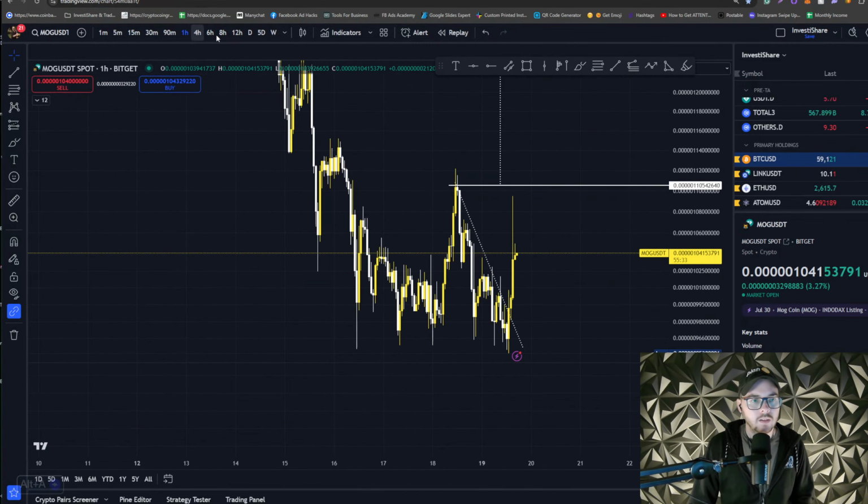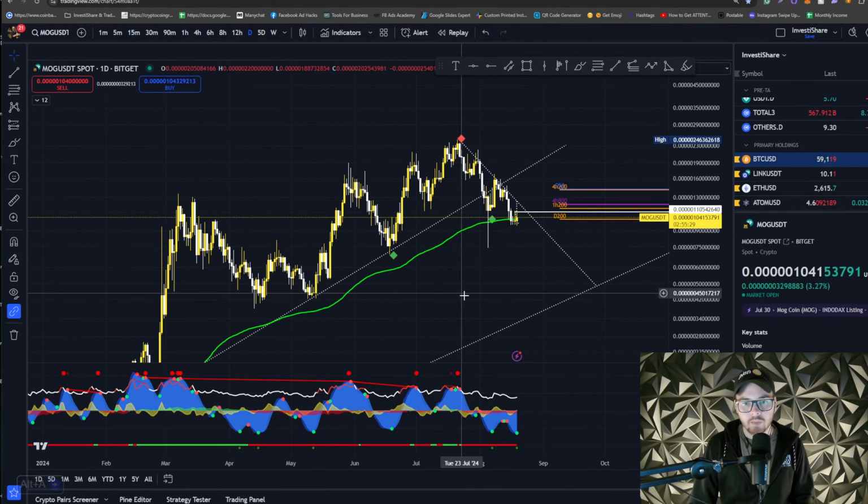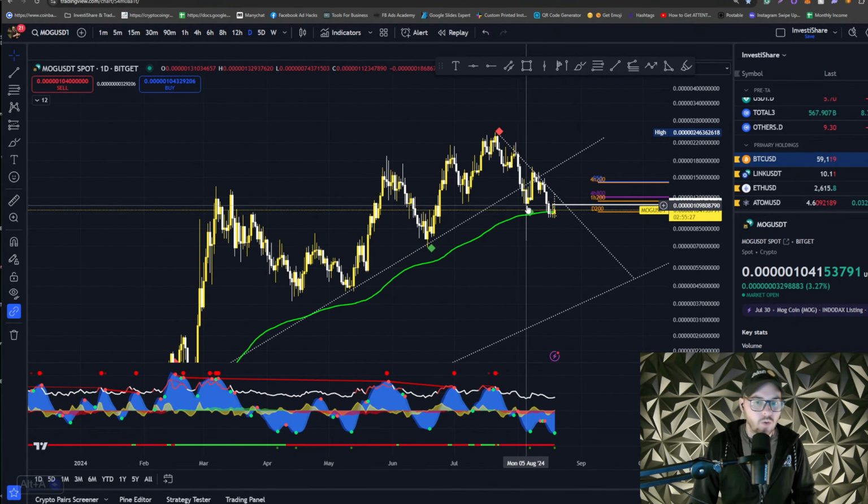But overall, daily wise, if we're looking at this in a macro sense, what we're trying to be careful about with SNEK, when we're just looking at SNEK, we had this posture where it just lost support. In this case, it's uptrending support, whereas SNEK, it's horizontal support.